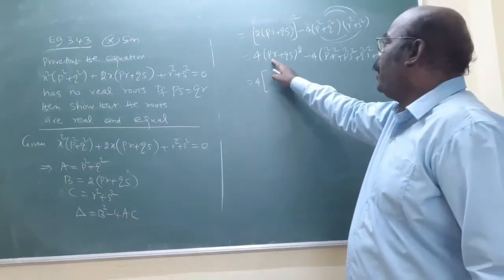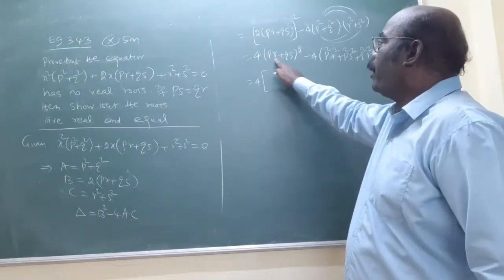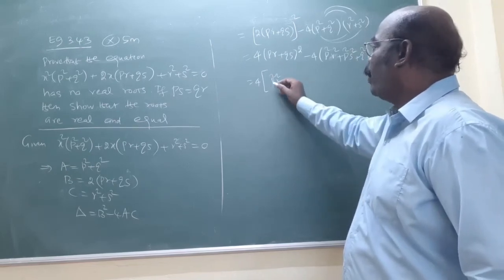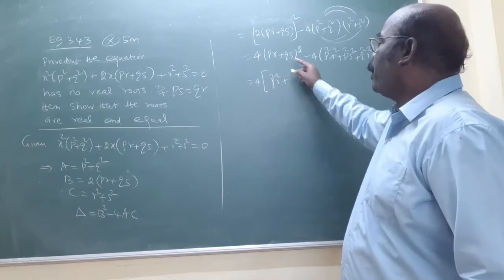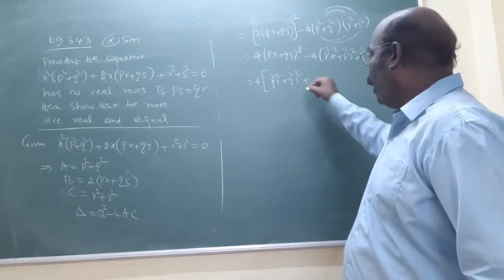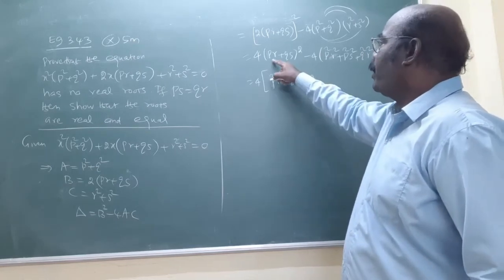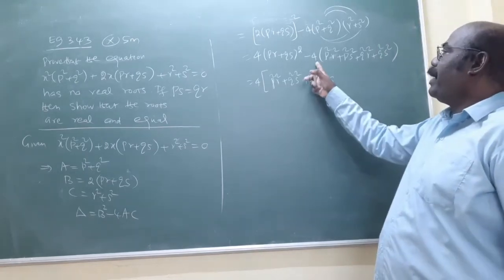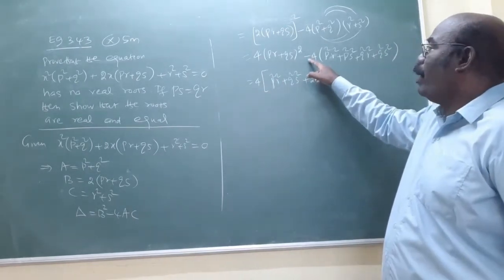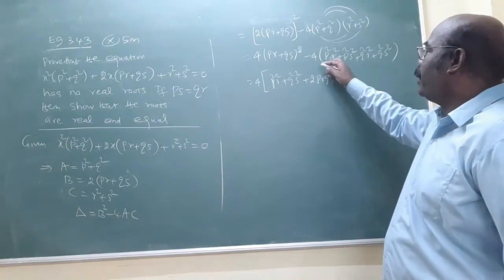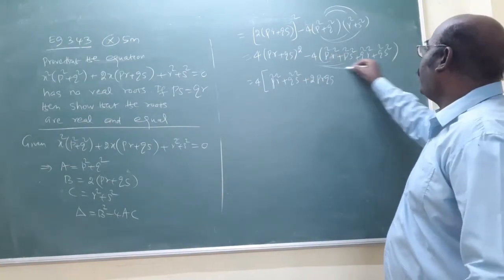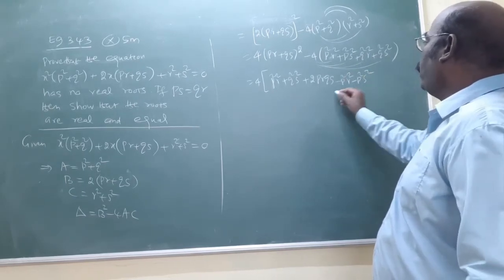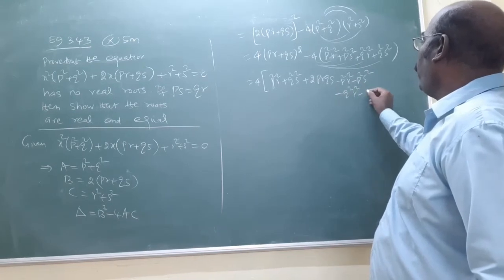Now this is of the form (a plus b) whole square, that is a² plus b² plus 2ab. (pr)² is p²r², plus the next term squared, q²s², plus 2 into first term into second term, pr qs. Now the 4 is already taken to one side. The remaining has minus. Now multiply the minus into all four terms: minus p²r², minus p²s², minus q²r², minus q²s².